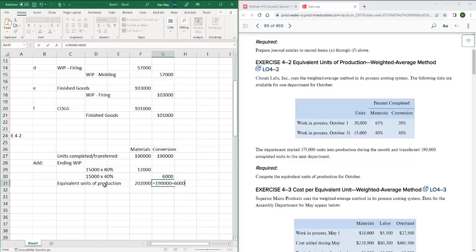Okay, so equivalent units of production: always units completed and transferred plus the equivalent units in the ending work in process there. Remember, we don't have to mess around with the beginning inventory in any way because we're using that weighted average method. They're all being blended together essentially. So that's it for 4-2.